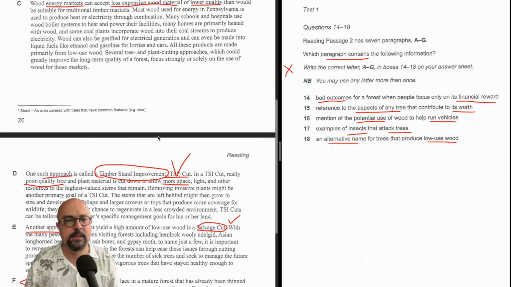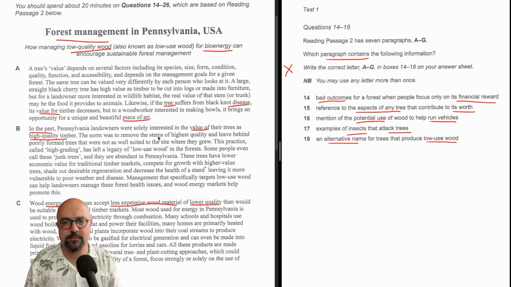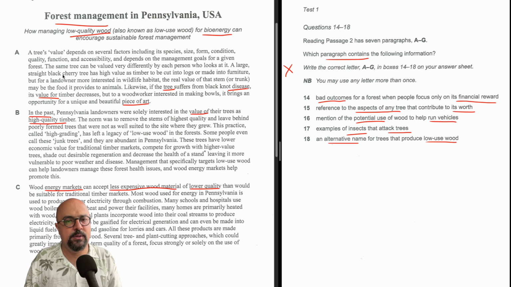So let's choose one of the paragraphs and read it completely, real fast, from line 1 to the last line, and decide if any of these items can be found in that paragraph. A tree's value depends on several factors, including its size. Wait a second, this is familiar. Different aspects of a tree that contribute to its worth. Yes, we already have this.